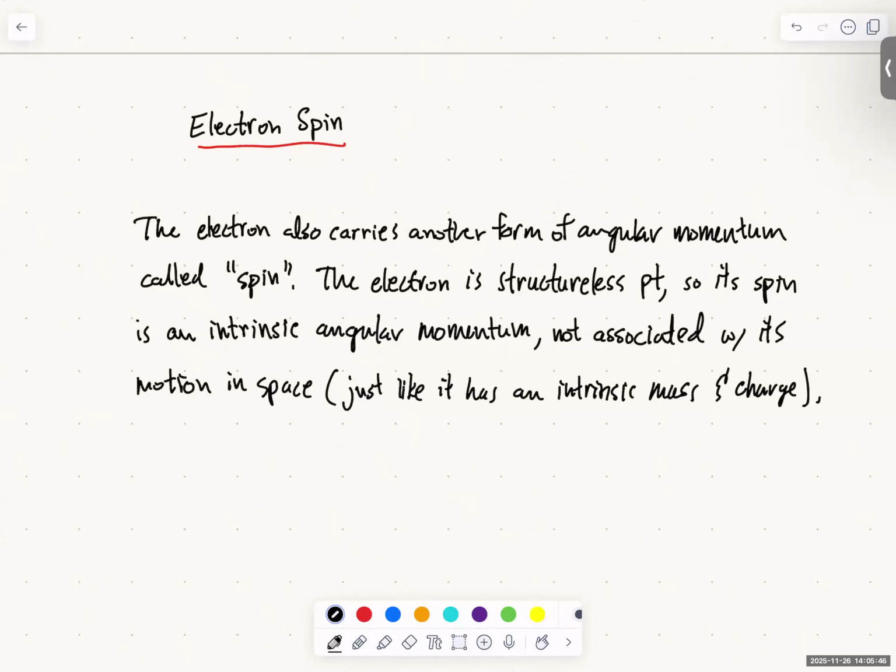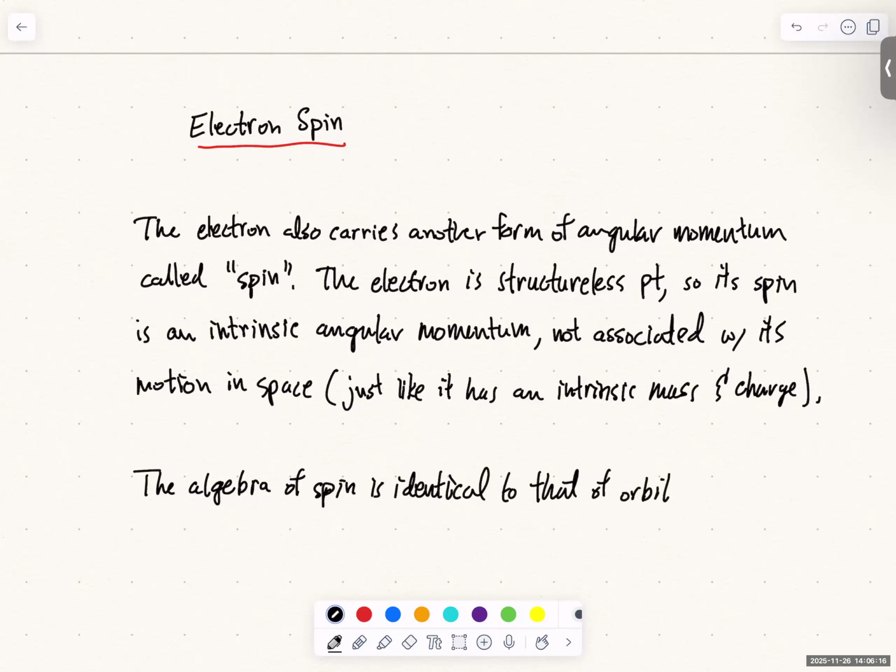Okay, we can work out some of the properties, and a lot of the properties that we developed for orbital angular momentum will translate directly to spin. So the algebra of spin is identical to that of orbital angular momentum.